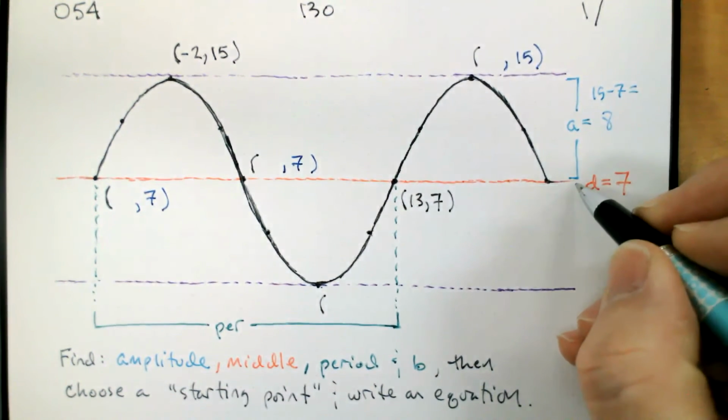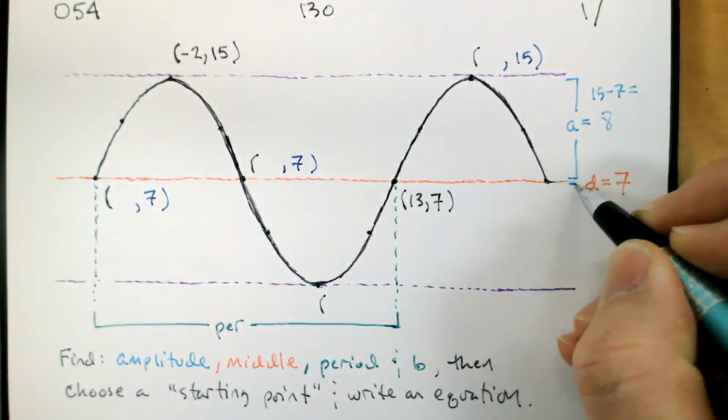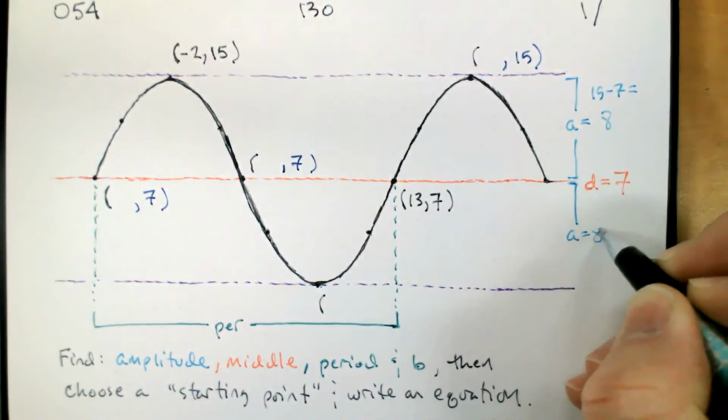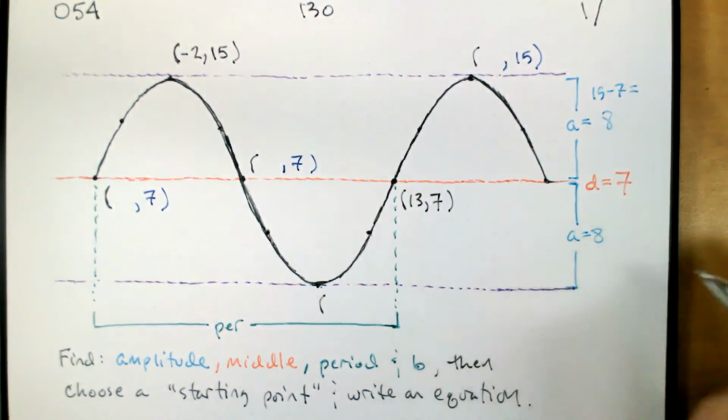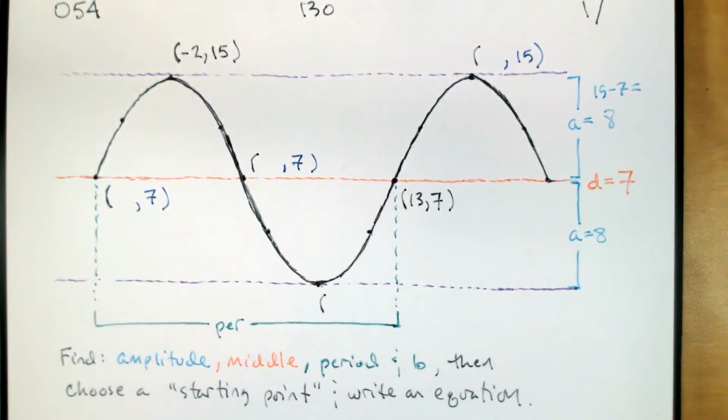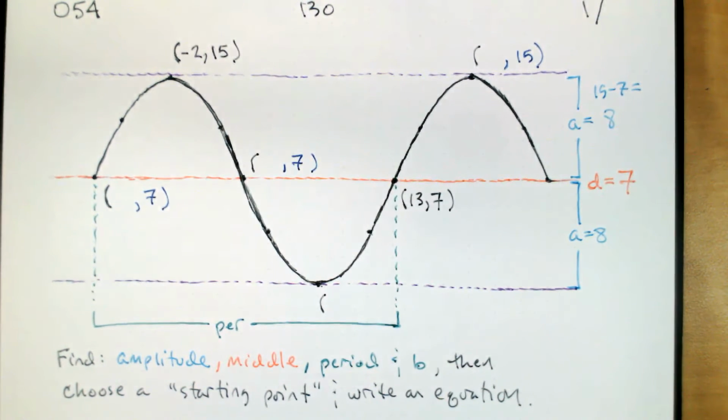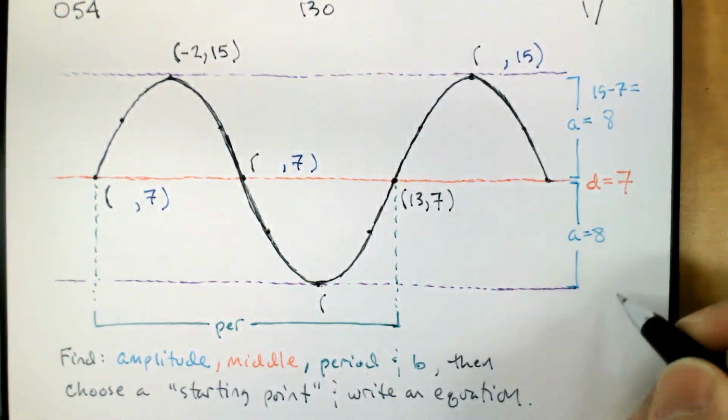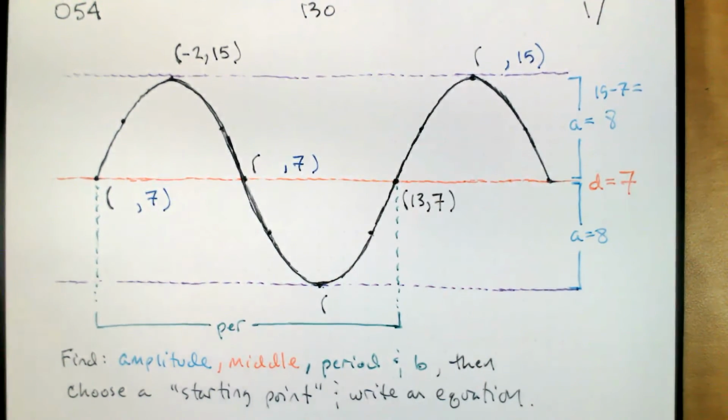Now the amplitude is the same from the middle to the top and from the middle to the bottom. So if we take the middle 7 and subtract the amplitude, that'll tell us where the bottom is.